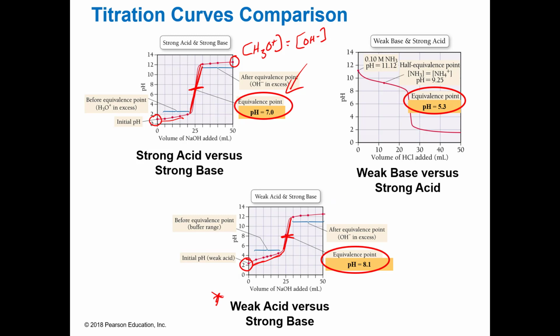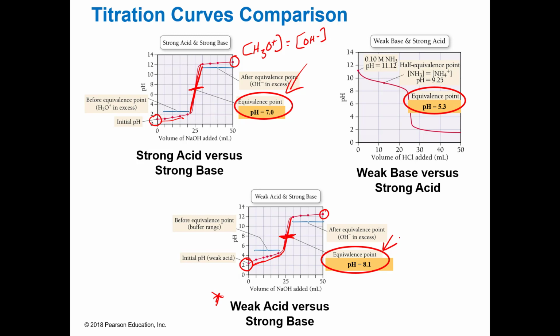And then you're going to end up in your strong base area of greater than 12. So notice that the equivalence point, halfway up this straight area, is around 8.1 in this case, and that makes sense to us because we have a weak acid and a strong base. Whichever one is stronger, the pH is going to be on that end of the pH range.